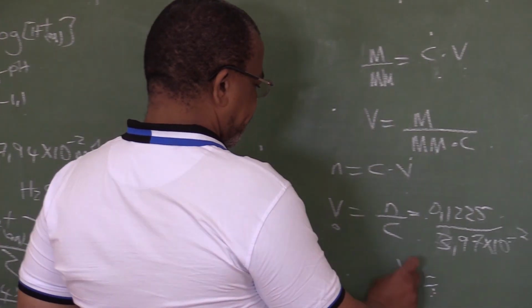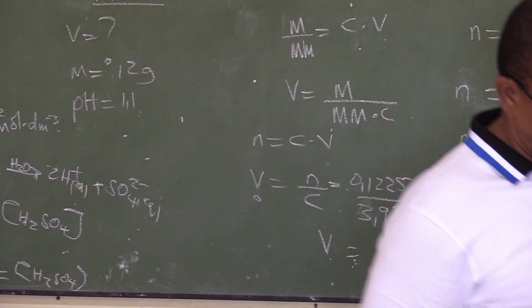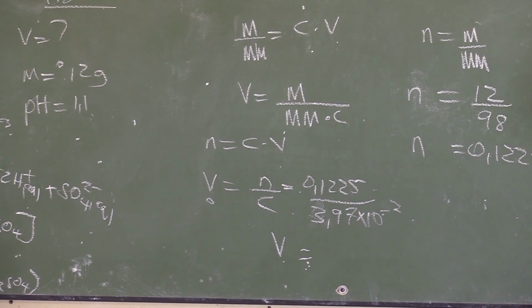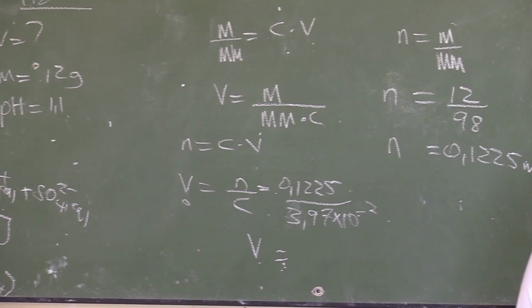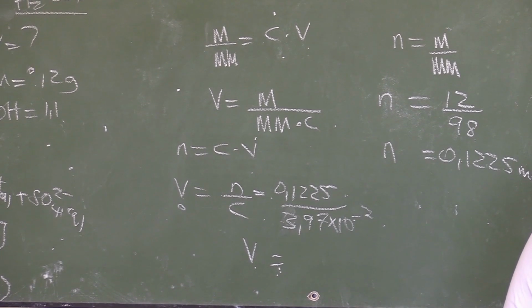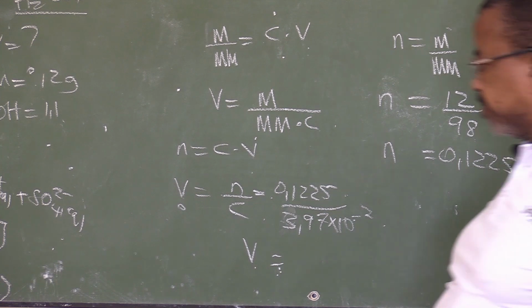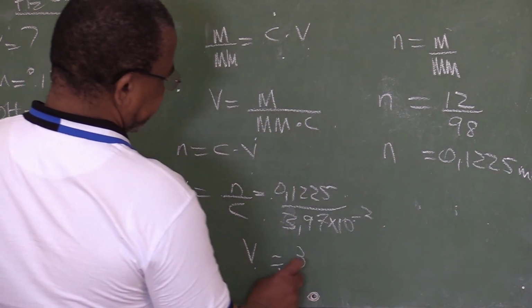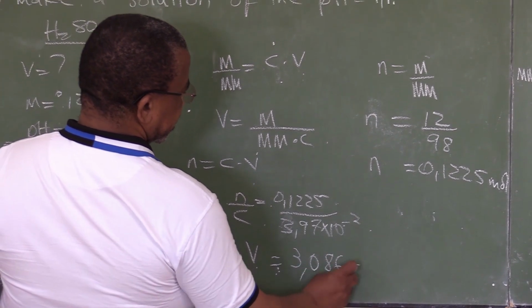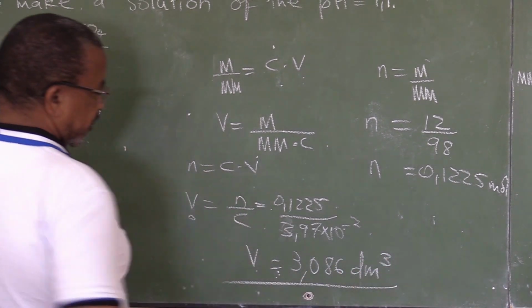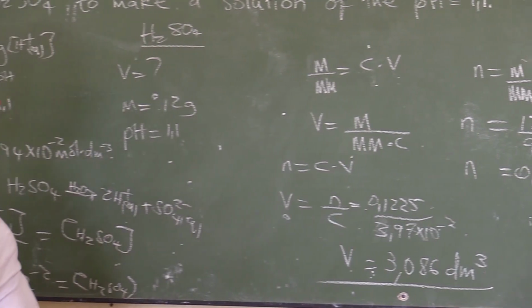So what about the volume? 0.1225 divided by 3.97 times 10 to the power minus 2 gives 3.086 decimeter cubed. That is the volume as asked.